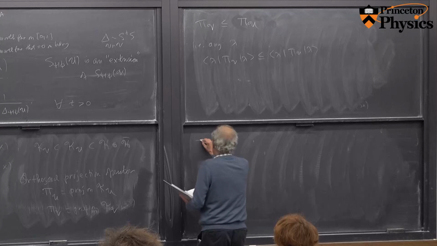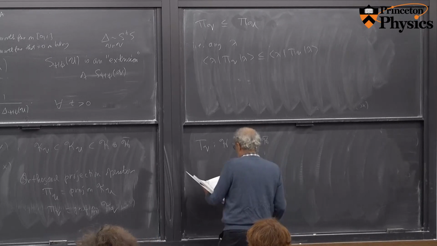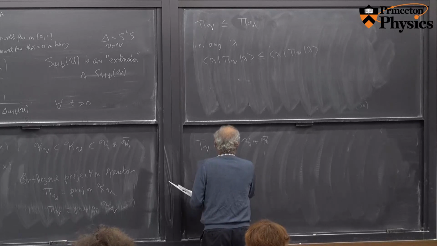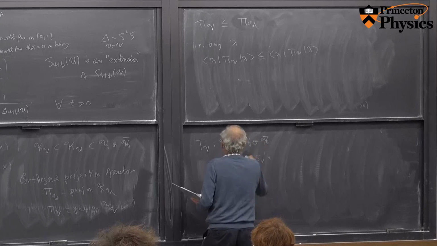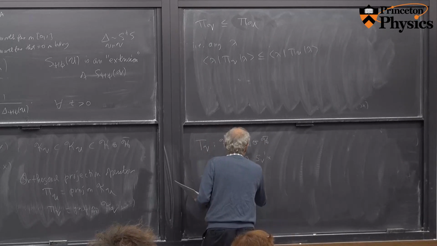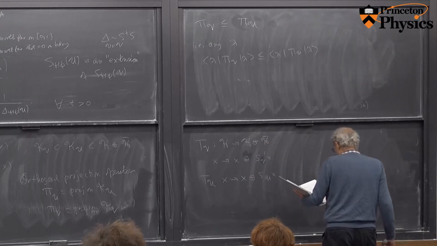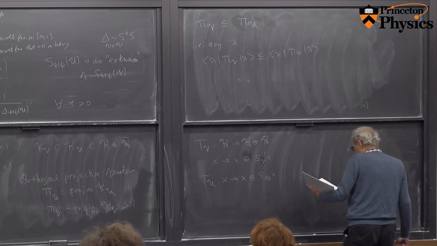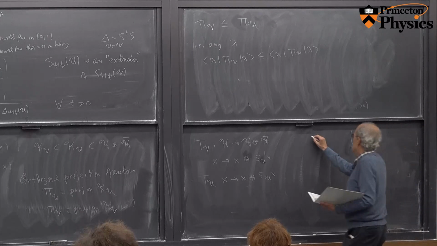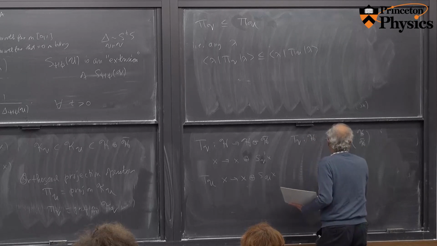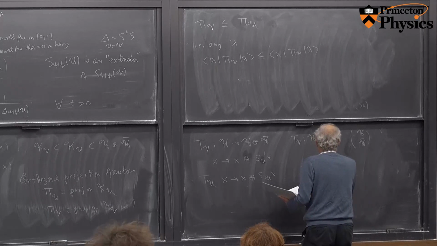So we define an operator TV from H to H plus H bar that takes X to X plus SV of X, and TU similarly takes X to X plus SU of X. If you arrange a state in H plus H bar as a column vector, so TV taking H to H bar, to H plus H bar, you could represent it by a matrix 1 and SV.